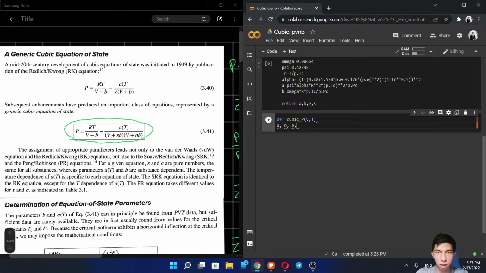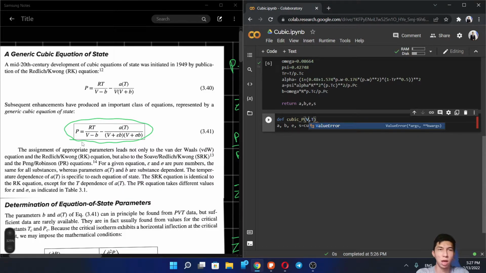It's going to be cubic AB. So here this value is going to be our volume, as we have volume here.